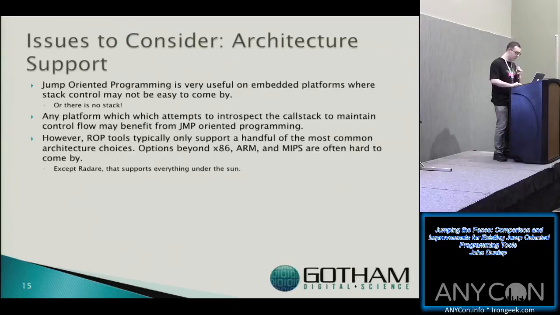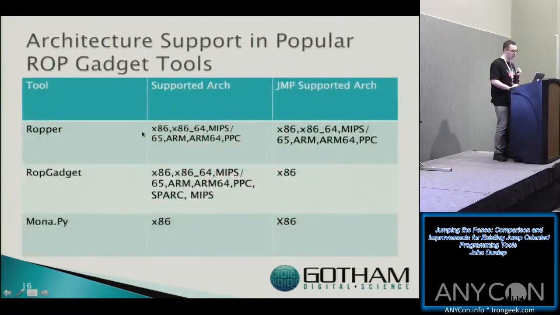So I'm going to give you a quick table of the various ROP tools that support JOP and the architectures they support. Across the board, everything supports x86 okay-ish, x64 less so, and then as we get into embedded things or PowerPC, ARM, it really drops off.